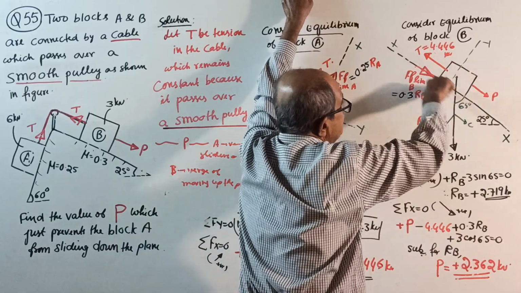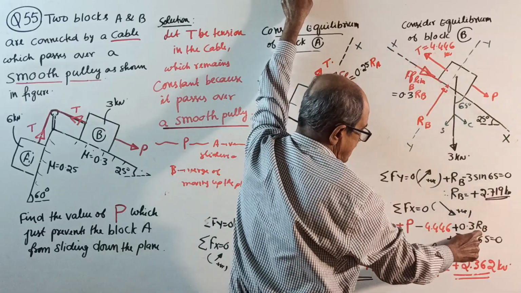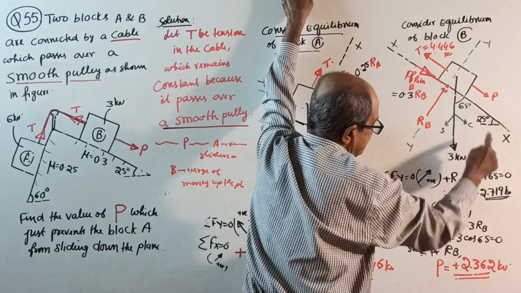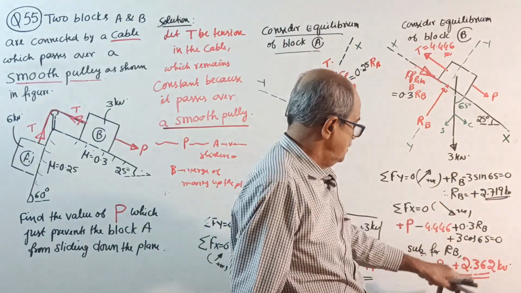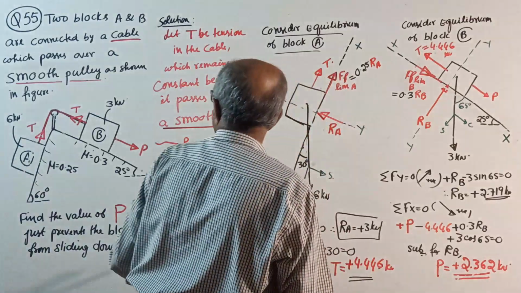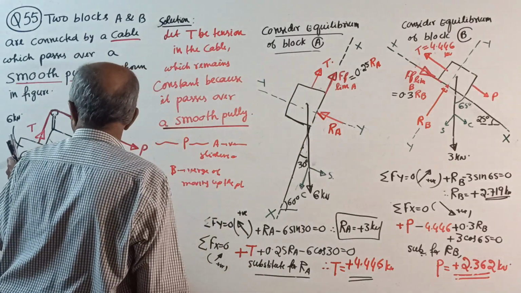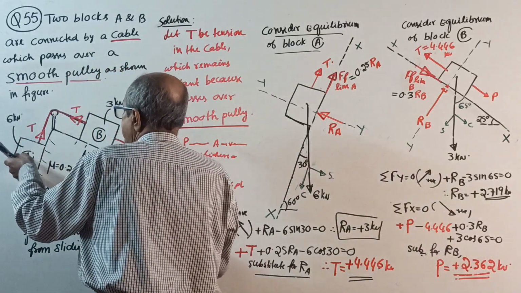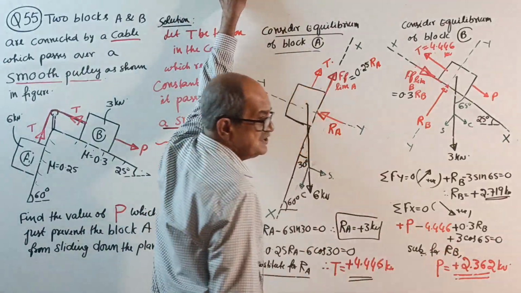See, friction is like this, I told you, because this is going up. Plus 0.3 RB, then plus 3 cos 65 equal to 0. Substitute whatever RB you got, you will get the value of P. So when you apply a force of 2.362 kilonewton, this block A is on the verge of sliding down. So to prevent that block from sliding, you require at least a force of 2.362 kilonewton.